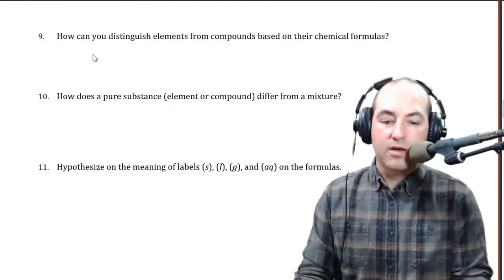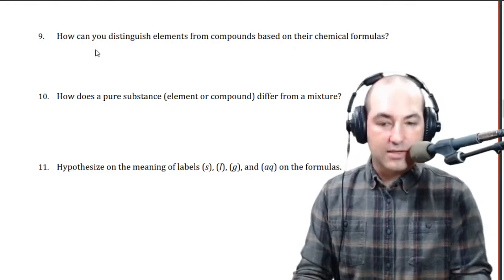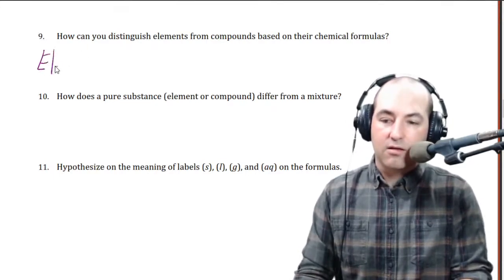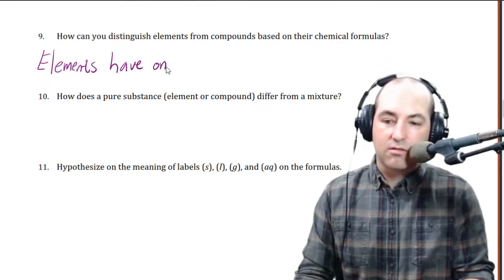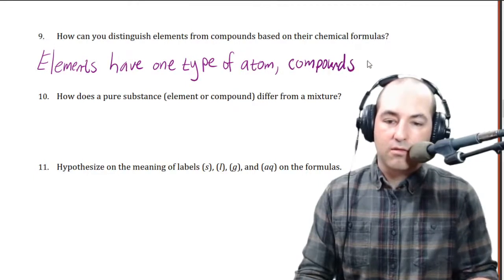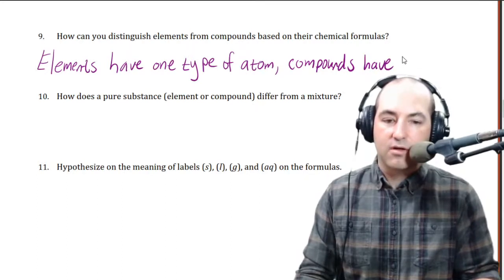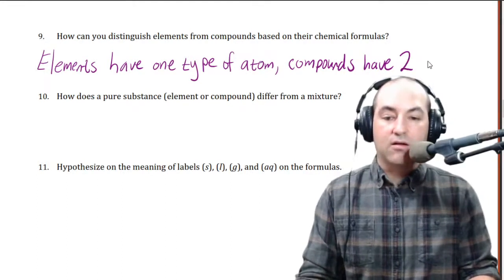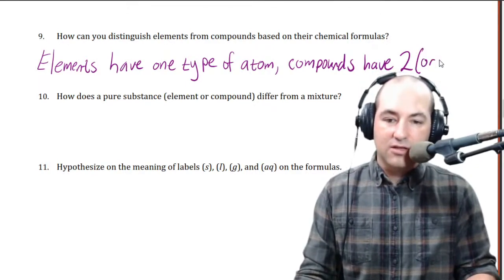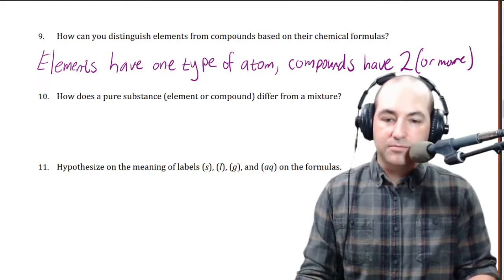Well, one way we might generalize this then is to say elements have one type of atom, compounds have, and based on the data, we might just say two, because that's all we've got so far. But I'm just going to tell you it's actually two or more.